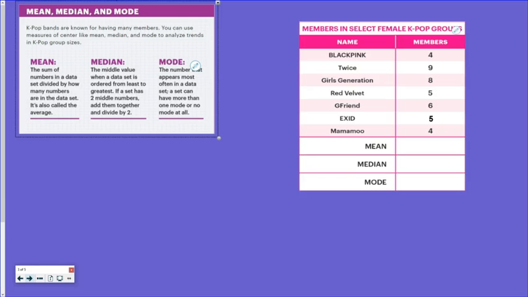And we're going to look at how many members there are, find the mean, median, mode, and we're going to add on the range. So just like with the warm-up, I'm going to pause here. I want you to try to find the mean, median, mode, and range on your own, and then come back and we will check to see how you did. So go ahead and pause now.